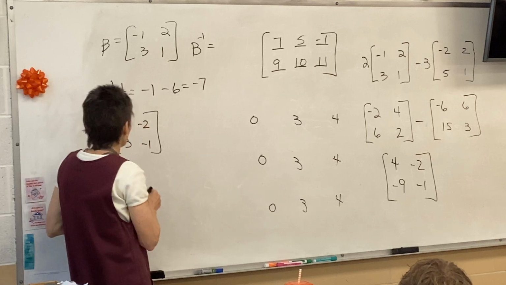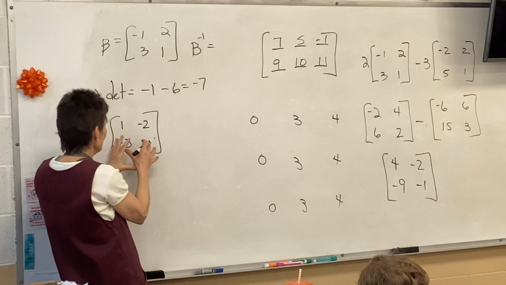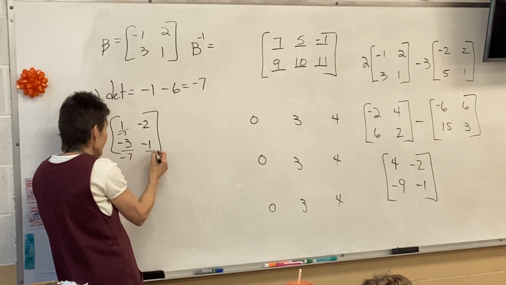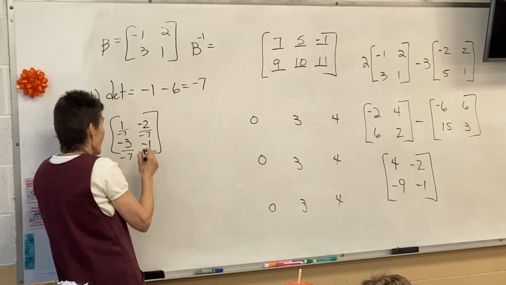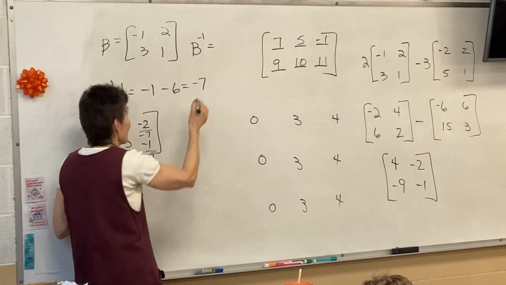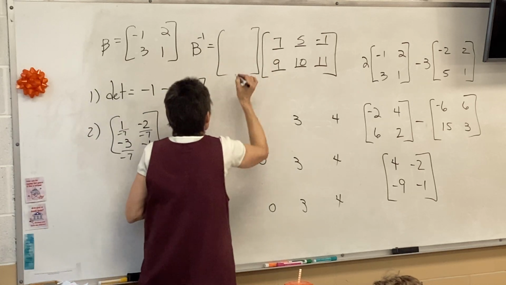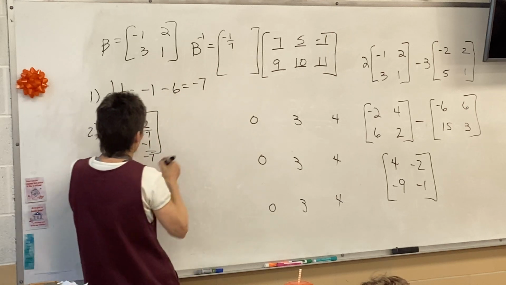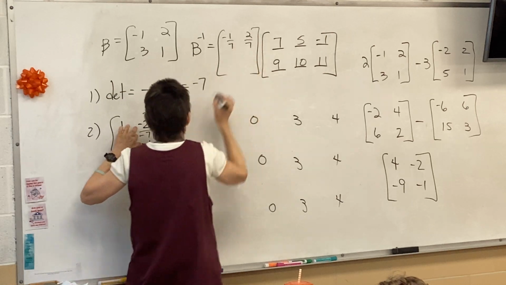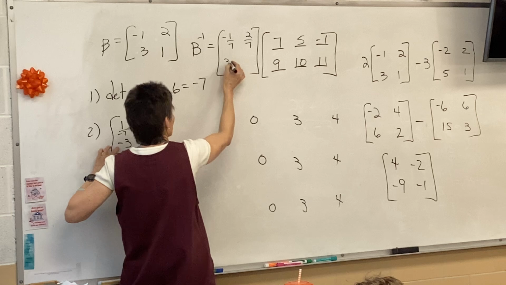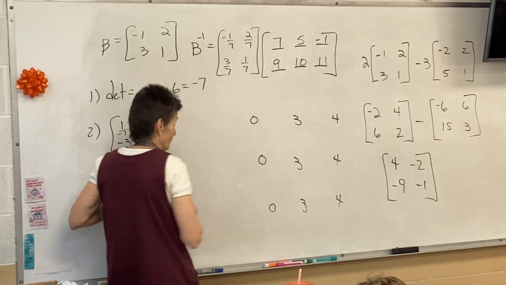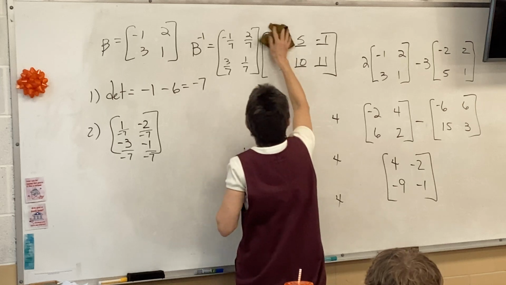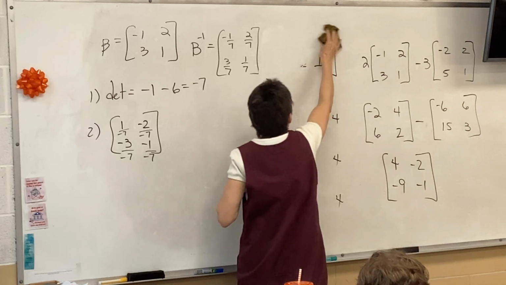Then you put it over a negative. All of those new numbers get divided by -7. And then my answer is whatever that is simplified. So that would be -1/7, positive 2/7, positive 3/7, and positive 1/7. Anybody have a question about that?